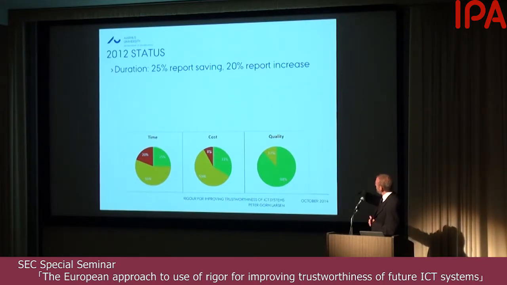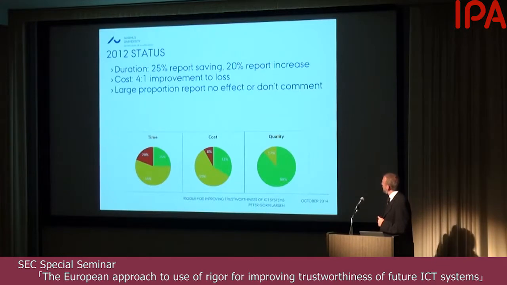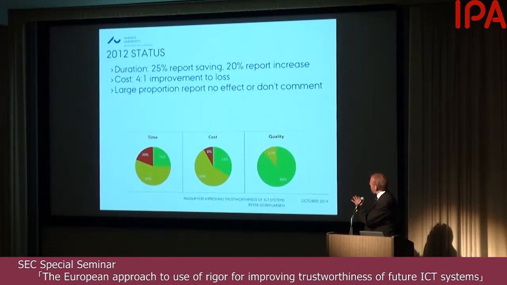When we go to cost, four times as many were saying that it actually is improving costs rather than losing money on using this formal methods technology. A large portion, however, report that it has no effect or don't comment on it.